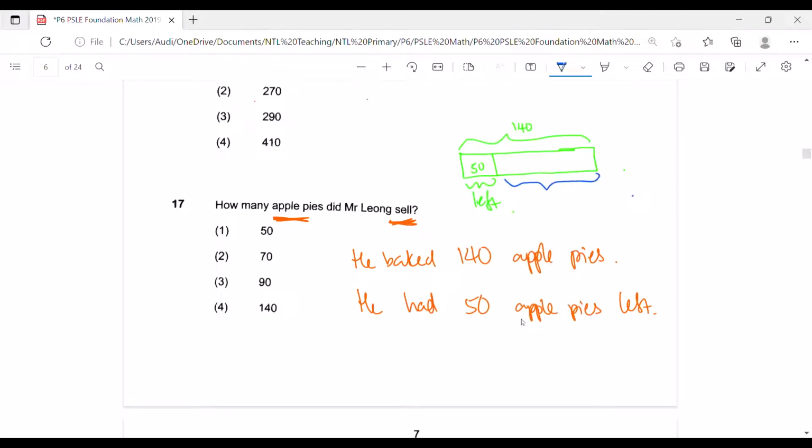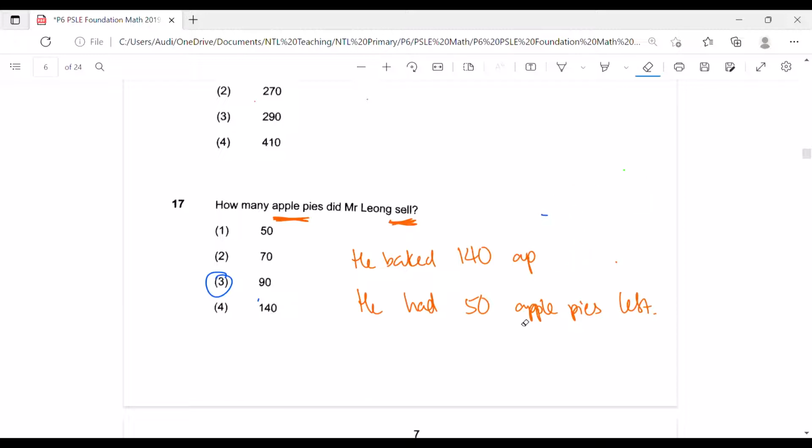And how do we get this part? 140 minus 50. And that gives you 90. That's our answer. I will erase this. You pause the video. Try on your own. Make sure you can get the answer.